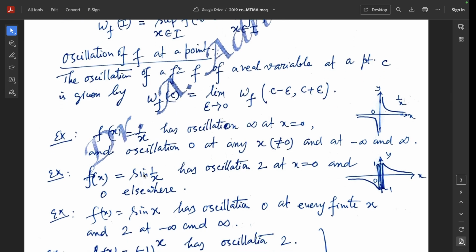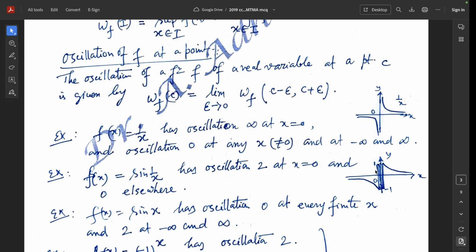And the function sin(1/x) has oscillation 2 at x equal to 0 and 0 elsewhere, because at the point 0 the supremum value is 1 and the infimum value is minus 1. So supremum minus infimum equals 1 minus minus 1, equal to 2.